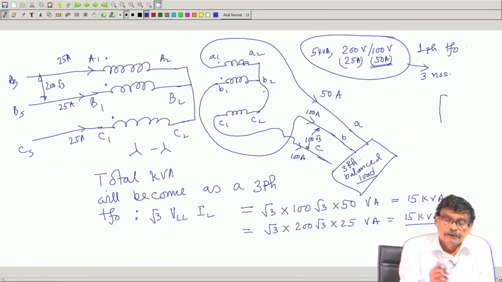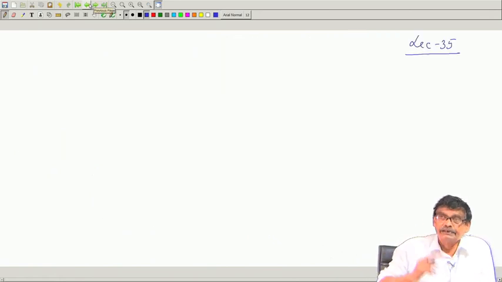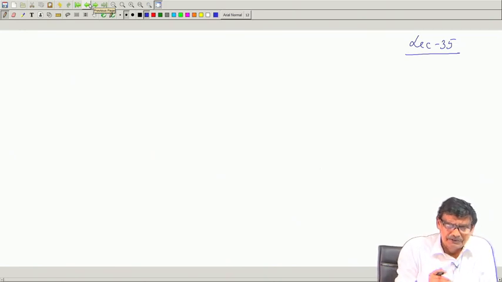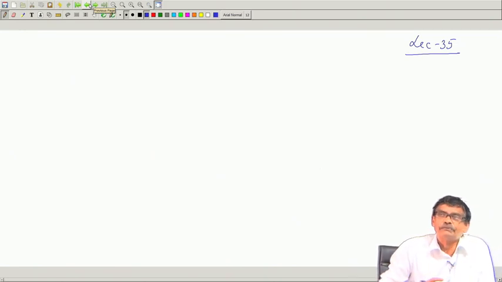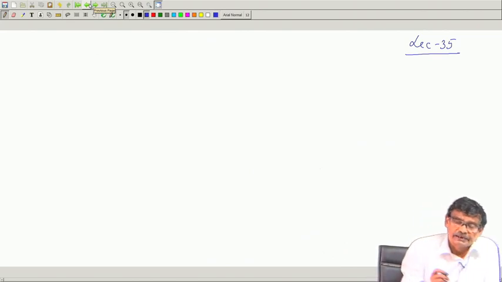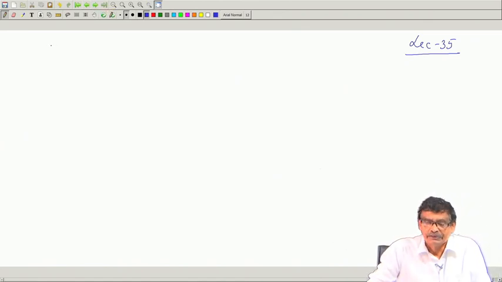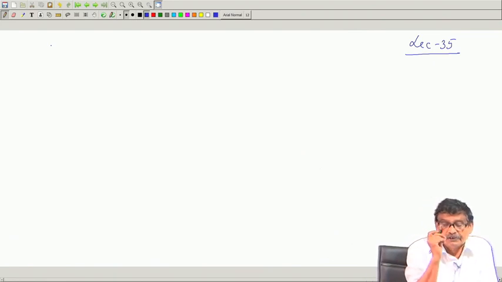Now, today we will try to see one very important thing: why polarity is so much important. We will start the delta connection, so it is better to appreciate this point.